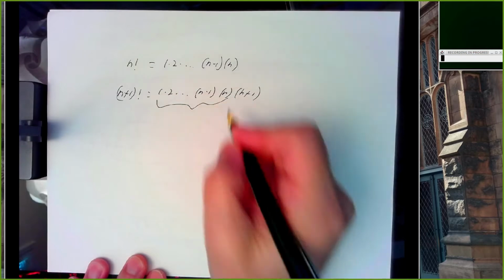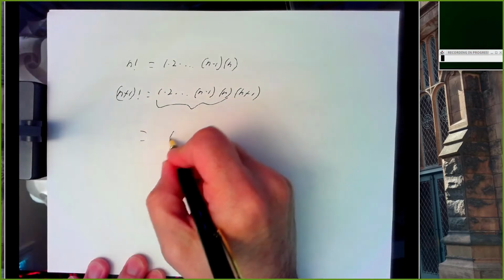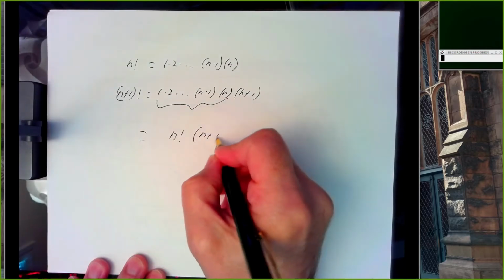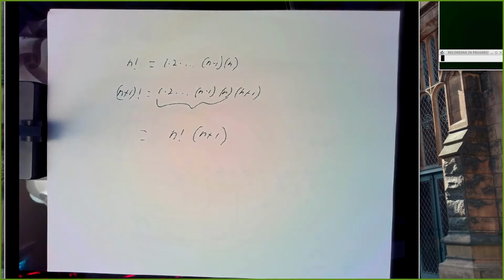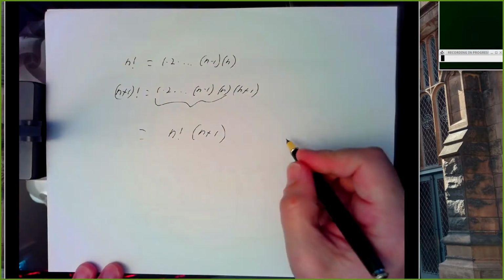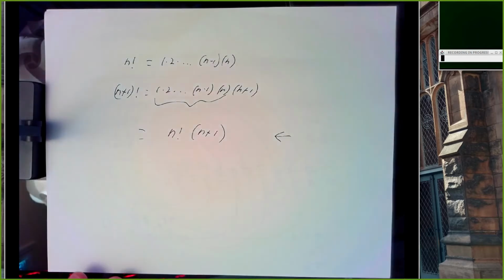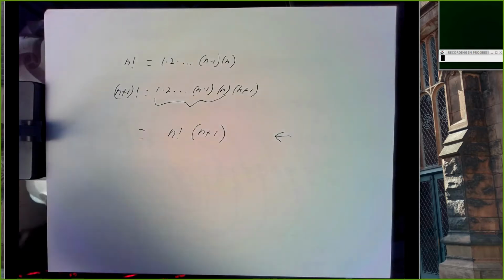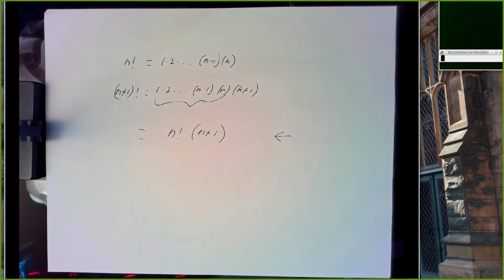But since this is n factorial, we can also write (n+1) factorial as n factorial times (n+1). And this is probably useful for that first factorial problem on the homework set. So that's one thing to keep in mind.